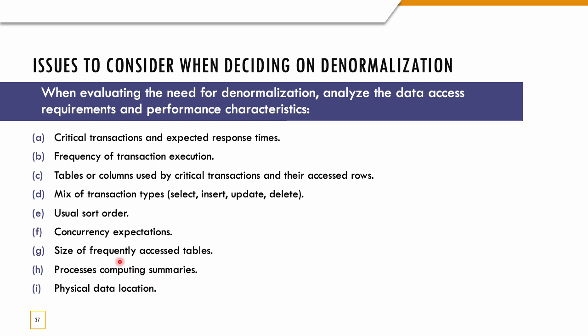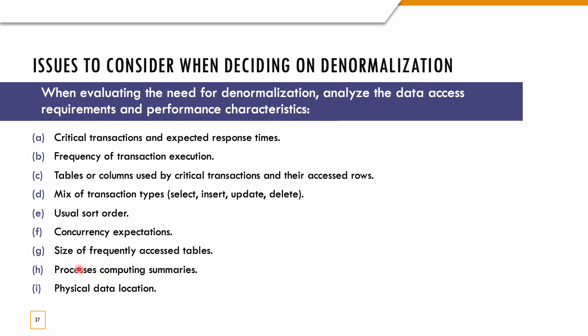And the next issue to consider is the size of the frequently accessed tables. The large tables that are frequently accessed can benefit from denormalization by reducing the need for joins. However, it can increase the storage space if data is duplicated.